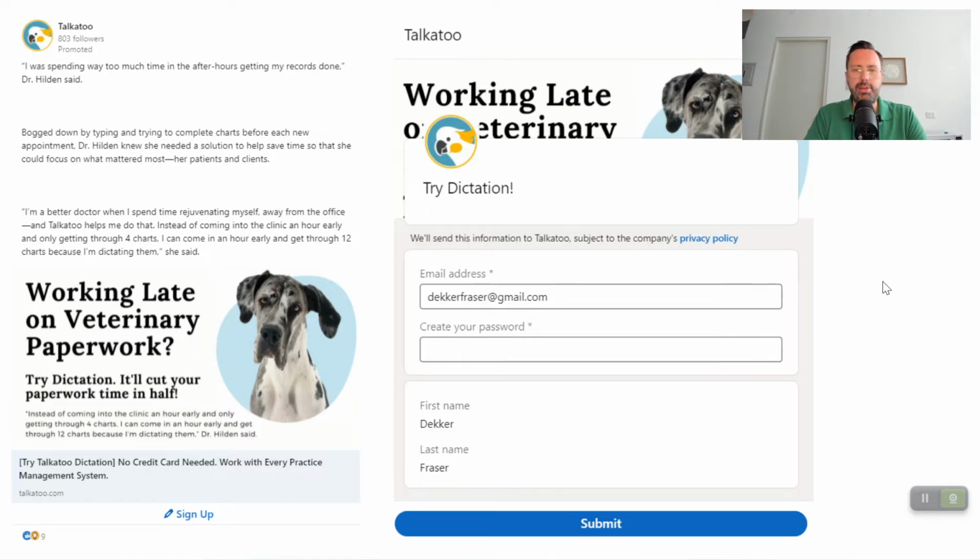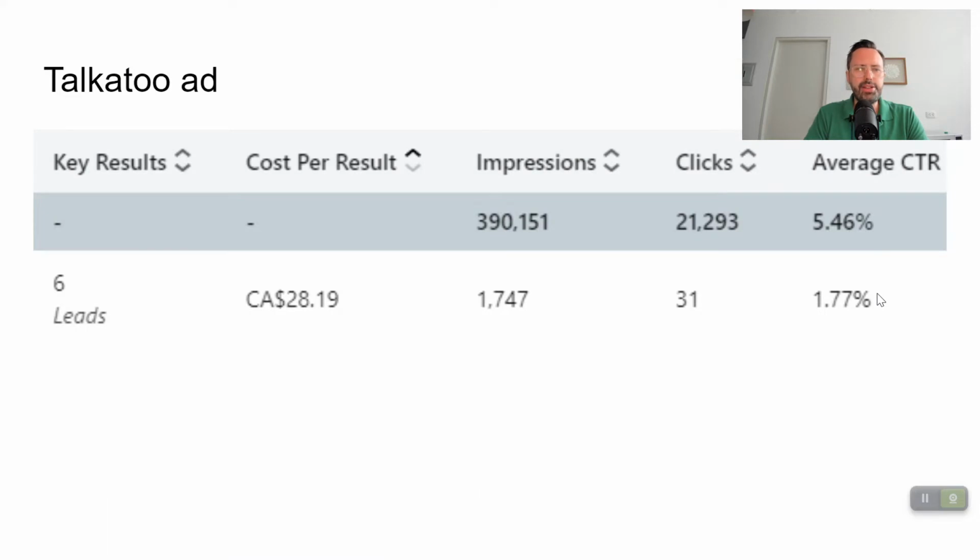So this is an example of an ad that I've talked about before, but I'm just putting it in the context of these other ads that we're going to be analyzing from different companies. Okay, so the results from this, looking at this data: we had about $28 Canadian for a lead. Generated 6 leads. We got 1,700 impressions, 31 clicks, at an average CTR of 1.77%, which is excellent.